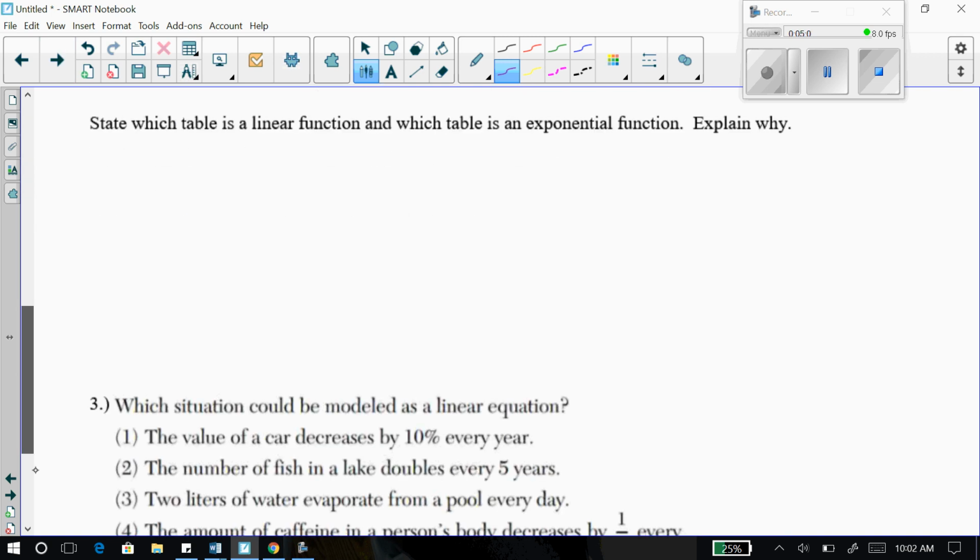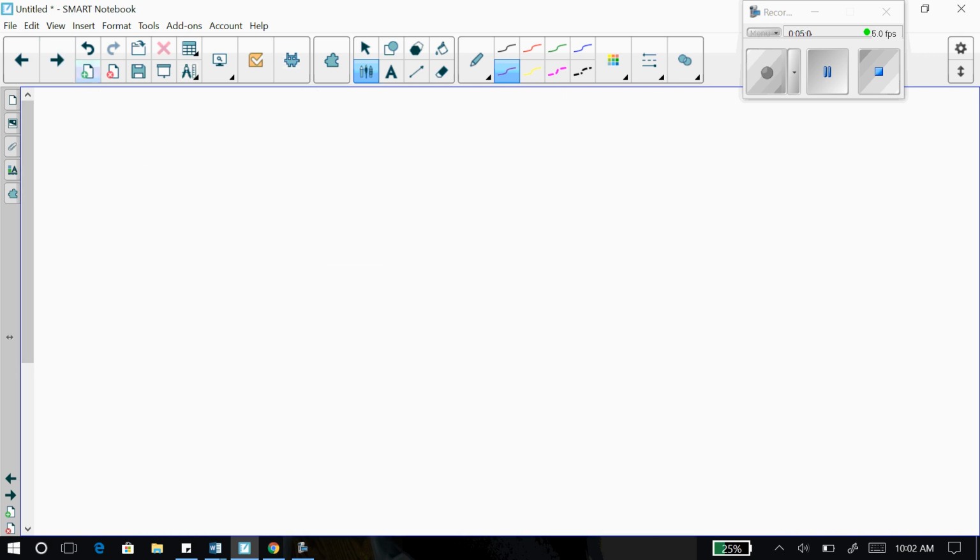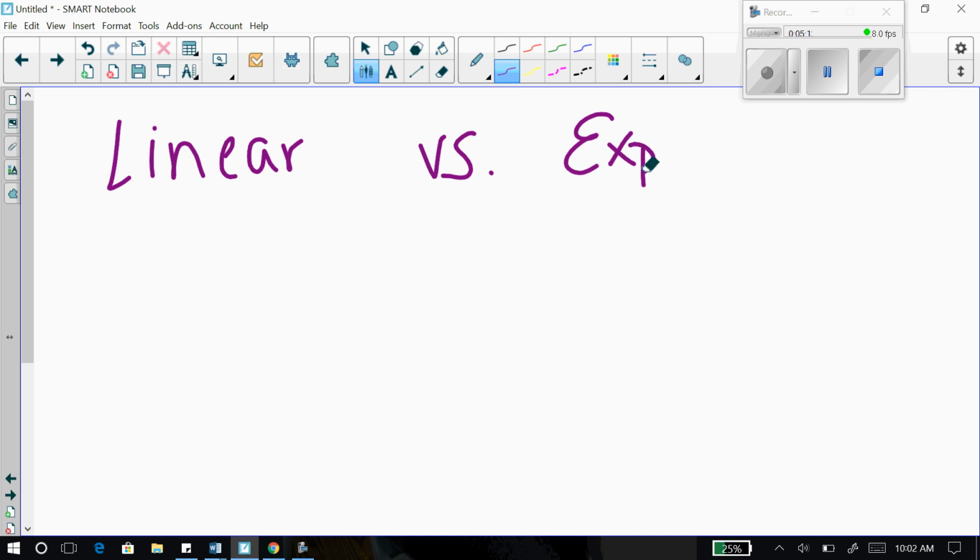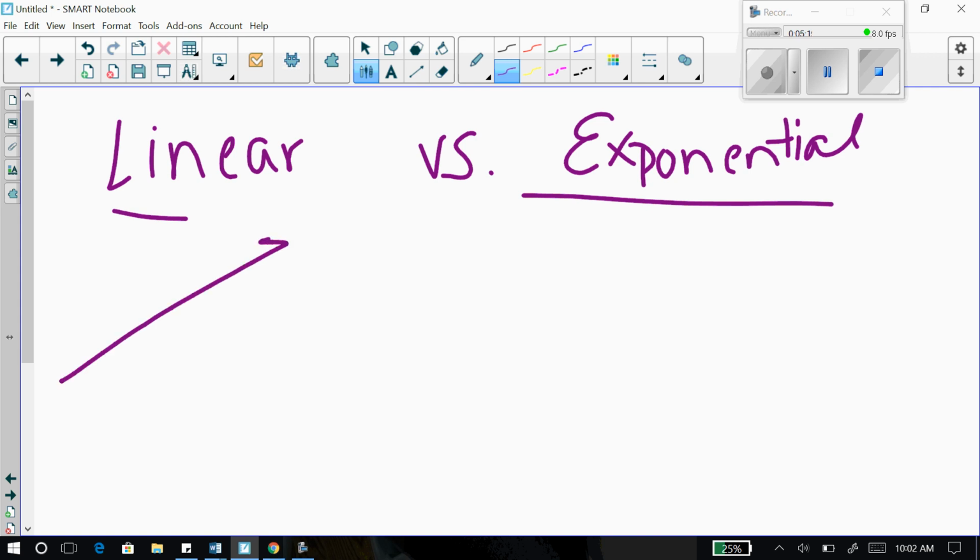Actually, let me explain something quick. Linear versus exponential. Linear functions have a constant average rate of change, which means that as you go from one point to the next, you go up the same amount.